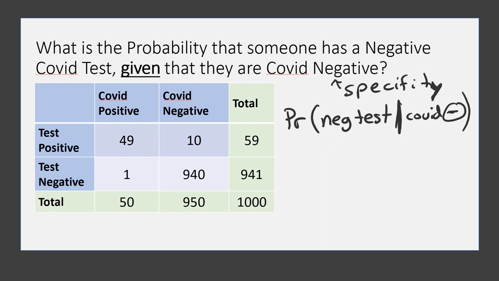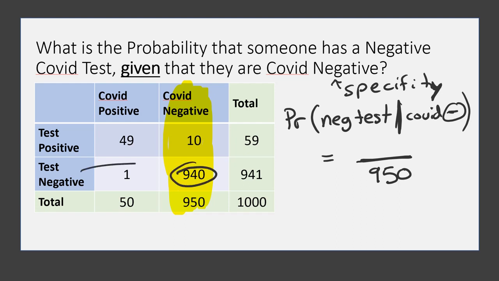Okay, so how would I calculate this? Well, so right, it's given that you're COVID negative, so that means you definitely belong to this group here. Okay, so forget all the rest of the data. All you care about is that data right there that I've highlighted. So this is going to equal, in the denominator, you have the total, 950. How many of those have the negative test?